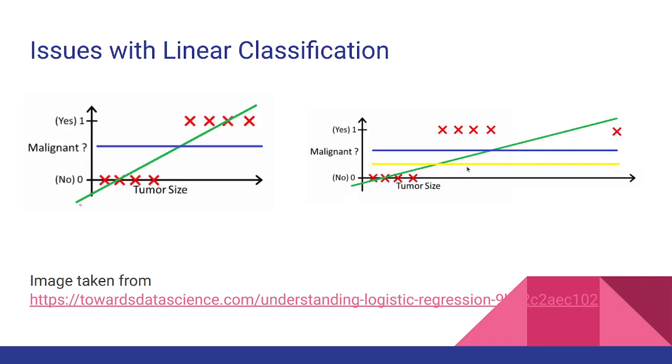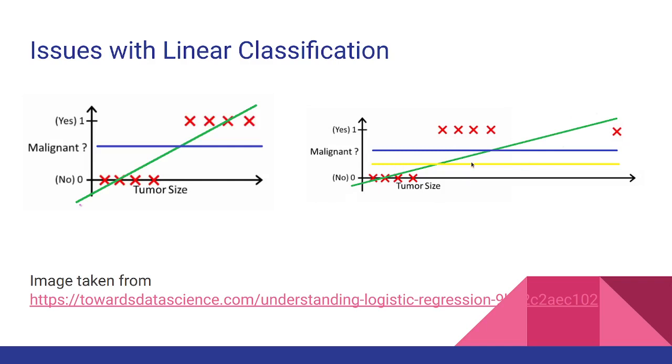So in this case the model is not really able to classify properly. Even for non-dangerous tumors it is saying dangerous. That is the issue with linear classification: because of one outlier, we can see this issue happening.